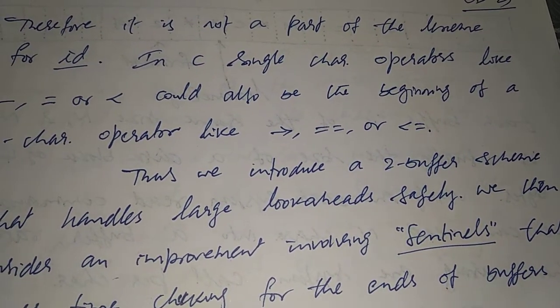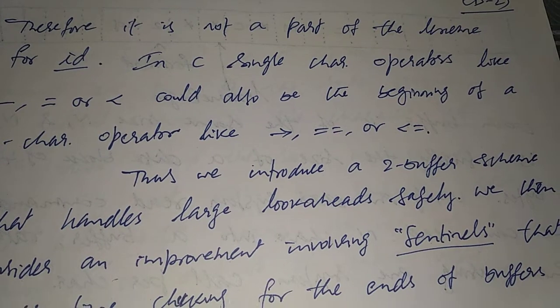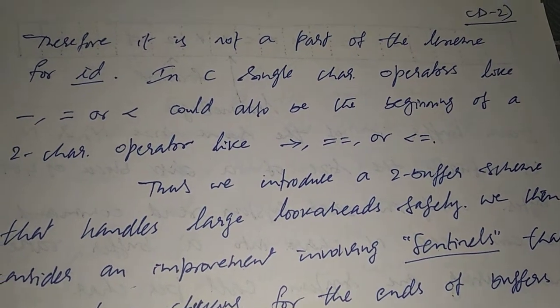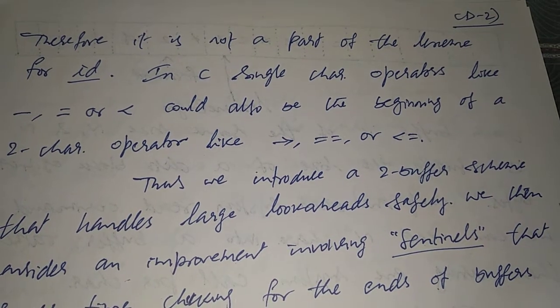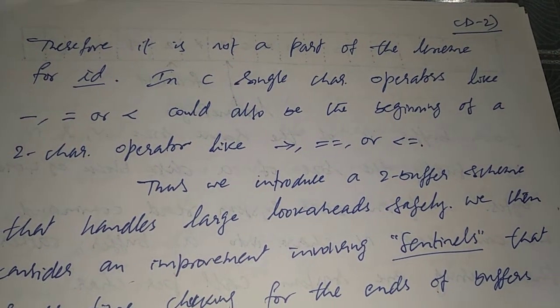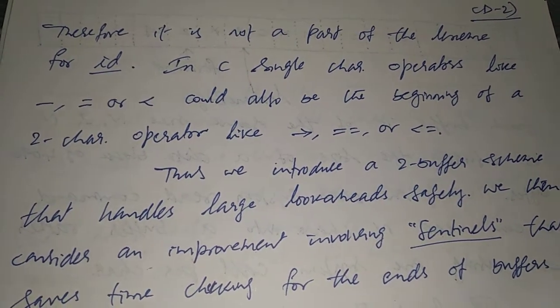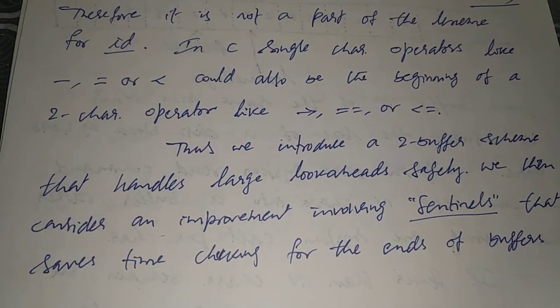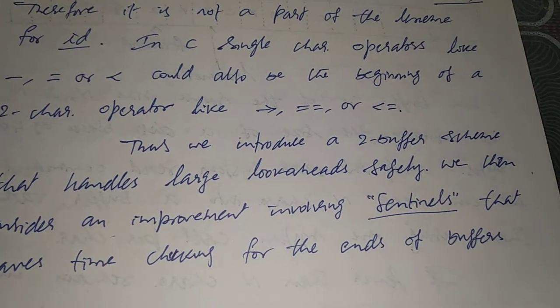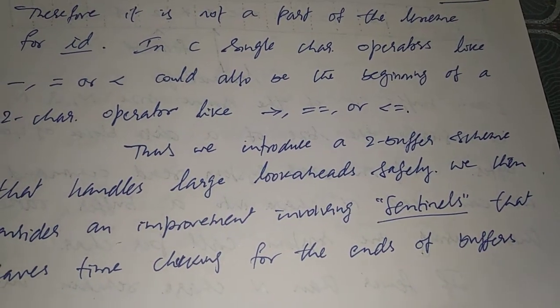So the purpose of input buffering is to find the character ahead so that we can identify the end of the input. That is the main purpose. We then consider an improvement involving sentinels that saves time checking for the ends of buffers.